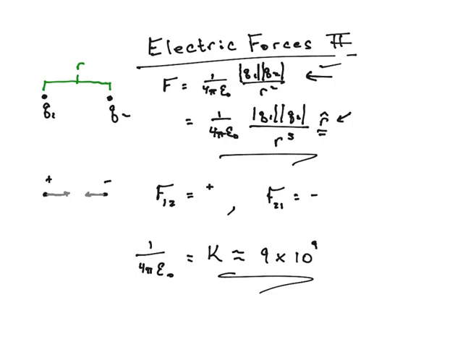Of course, in more complicated problems, which we will see later, if these charges are arranged in a medium that's not the vacuum, so maybe we have some kind of a conductor, and we put this conductor inside of maybe a gas or water or something, and we want to know how these charges will interact with each other while this item is in this medium, then we're not going to use this number. Rather, epsilon naught will become a different number, a different epsilon, and so 9 times 10 to the 9 will become some other constant. Okay?